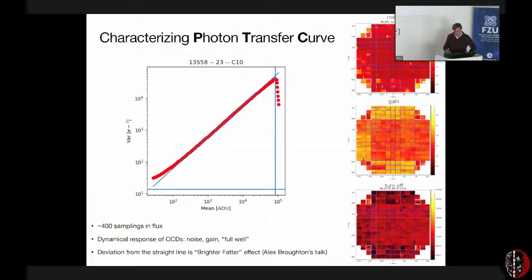At high signal, you start to have saturation. At low signal, you have the influence of the noise. But using this, you can extract the gain. That's the standard way to measure the gain. So that's the gain of the CCDs shown here. Again, you see a difference between the two types of CCDs.